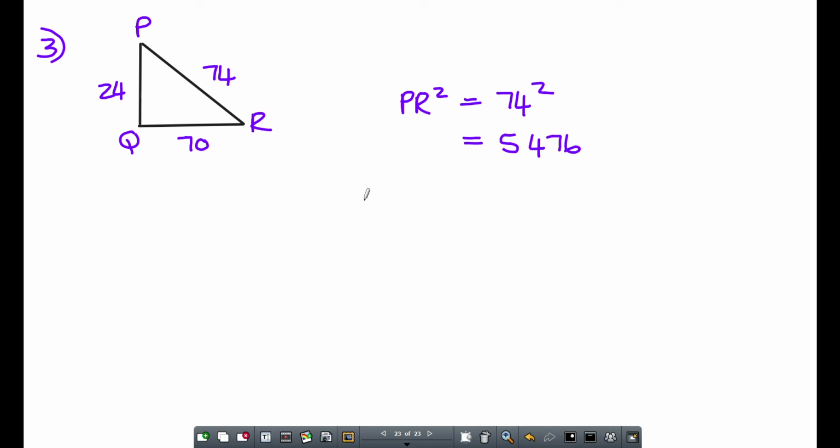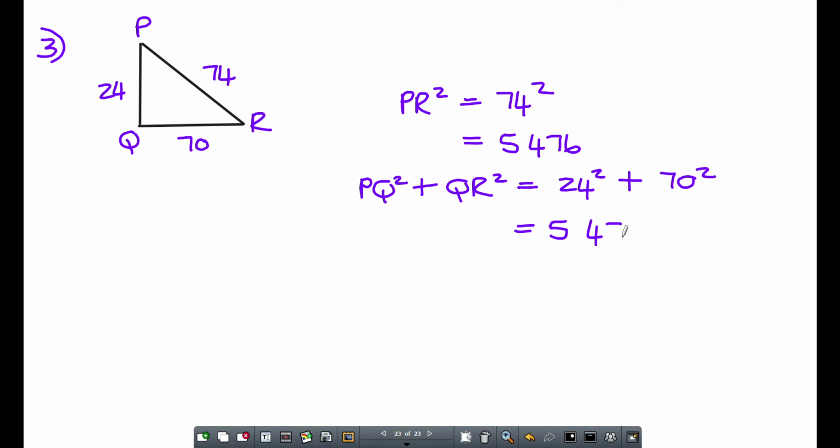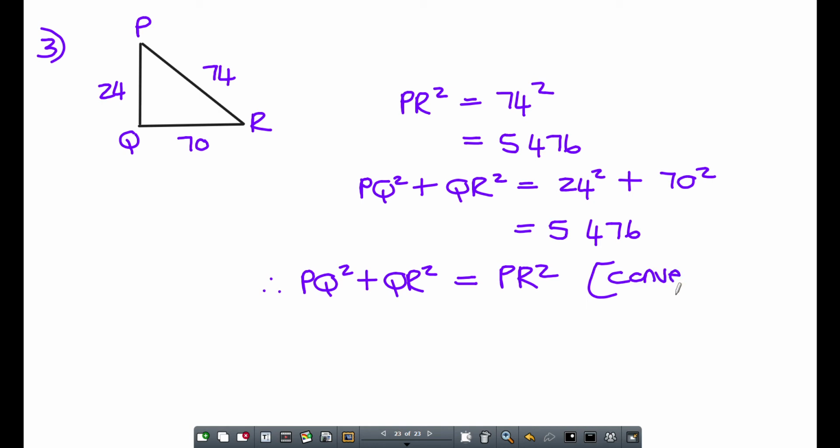Okay, now I'm going to take PQ squared plus QR squared, which means 24 squared plus 70 squared. Which also gives me 5476. So therefore, PQ squared plus QR squared, and this equal sign is important, is equal to PR squared, and that was the converse of Pythagoras.